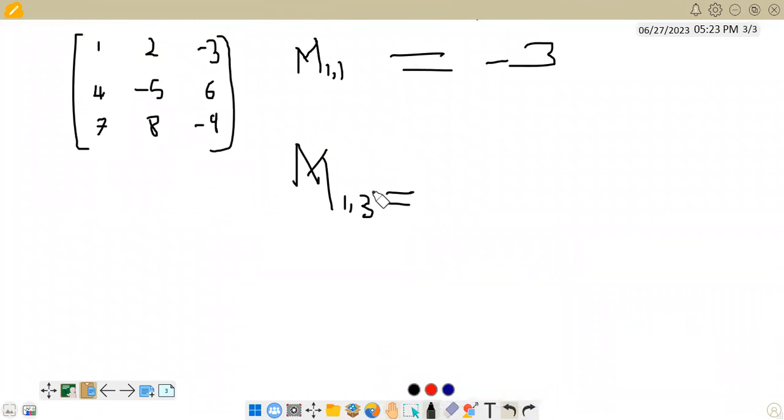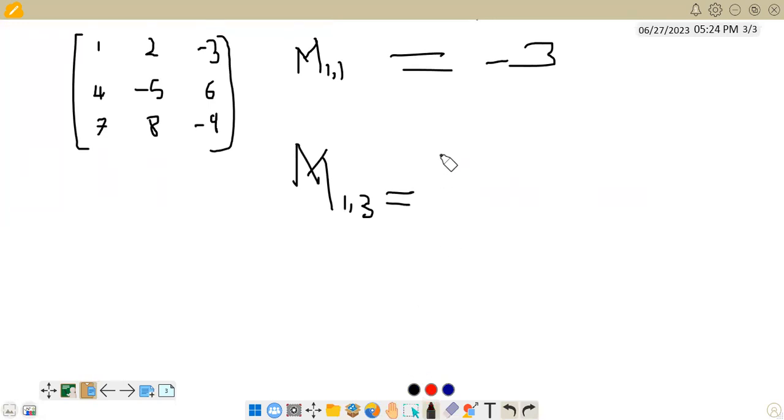So I'm saying find the minor for this row and this column. This row is row 1 and the column is column 3, so this is the element we are referring to. We delete this row and this column, so we remain with 4, -5, 7, and 8. So we form a 2 by 2 matrix.